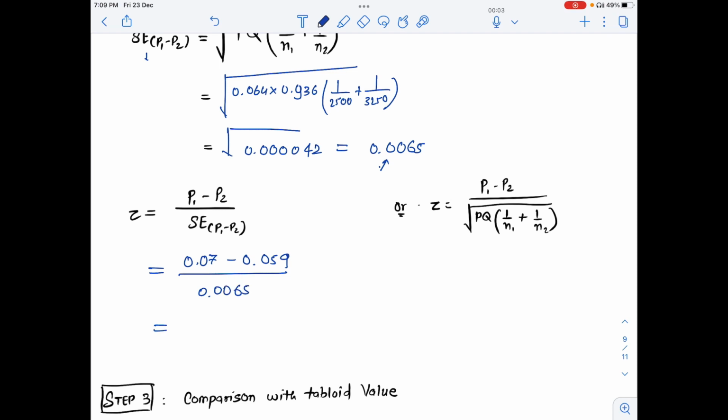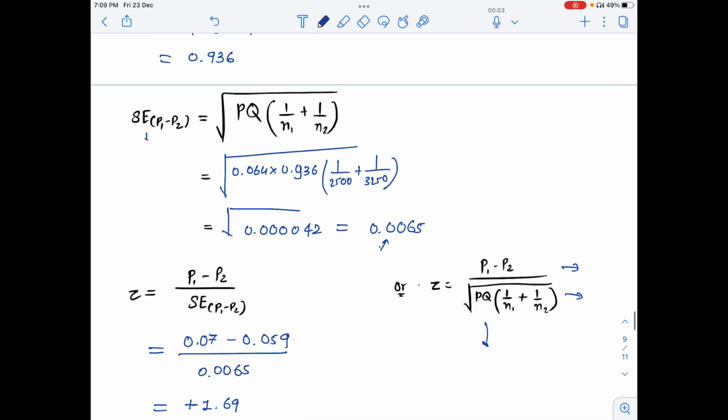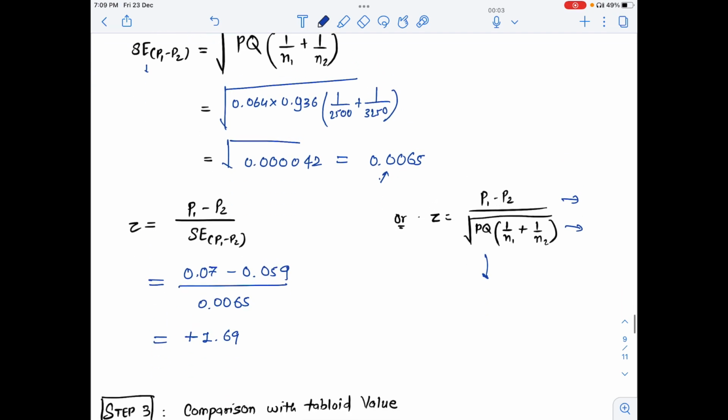This will give us a value of positive 1.69. Now you can also calculate by directly combining both of these in one single equation, but you can be more spaced out. This way you will reduce the chances of making any mistakes.